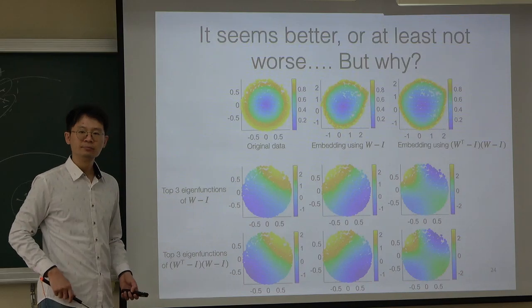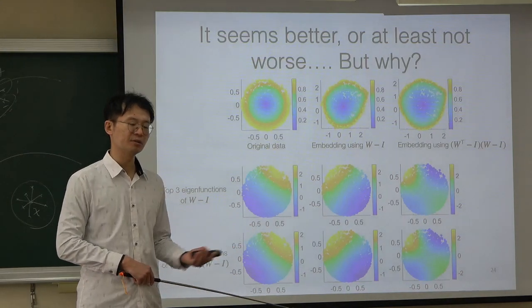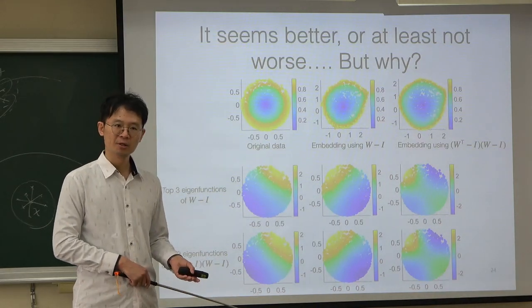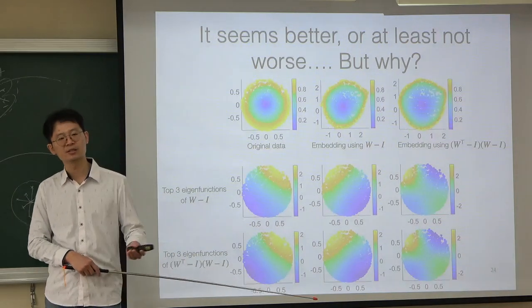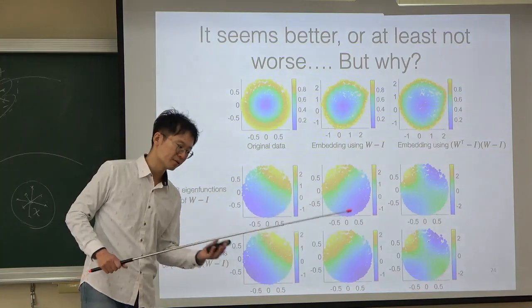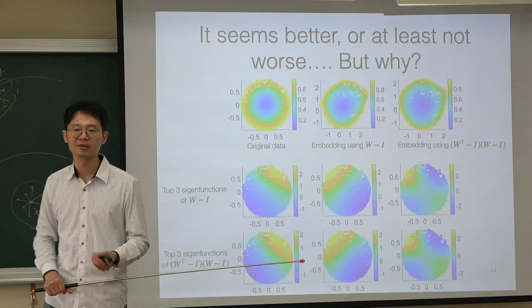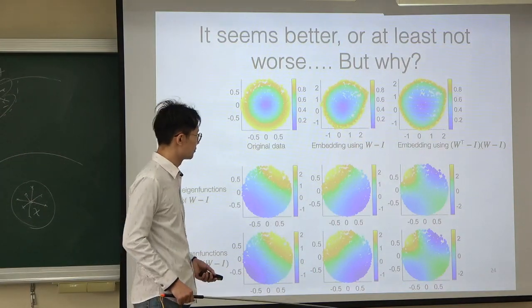Then why? So two questions. Suppose I give you a fourth-order differential operator, then how do you use it to achieve manifold learning? And to our knowledge, fourth-order differential operator analysis is still an open field, so we don't know too much.